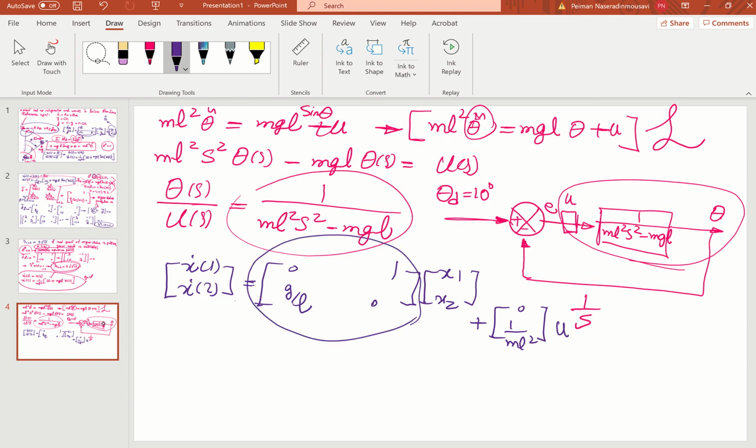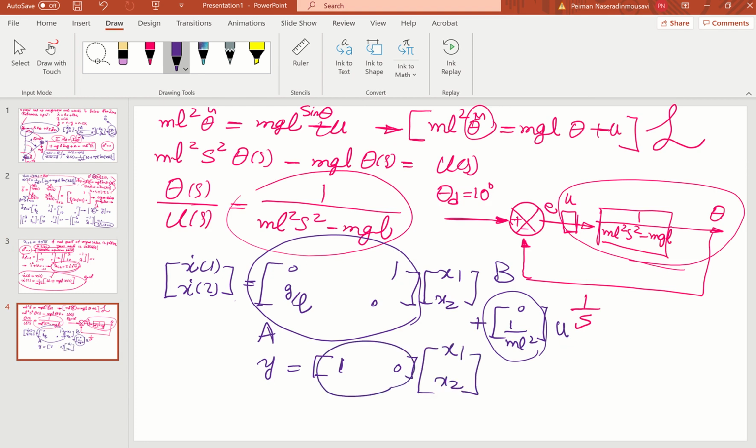This is your original A. This is your original B. And suppose that your y is equal to, you only want to see the angle of the pendulum as the output of the system. This is your C, only the angle of that.